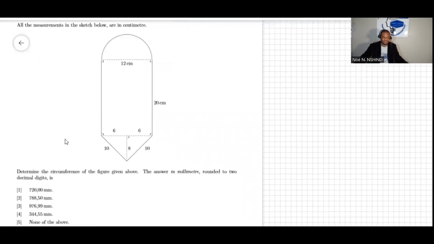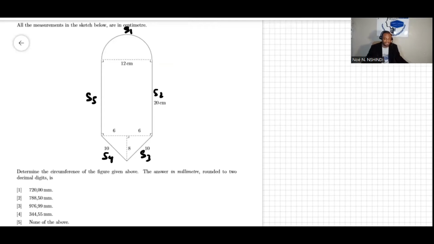So we have this, and then we want the circumference, meaning the perimeter. So this side plus that, plus that, plus that, and plus that. I prefer to label them as sides. This one is S1, side 1. That's side 2, that's side 3, that's side 4, and that's side 5.